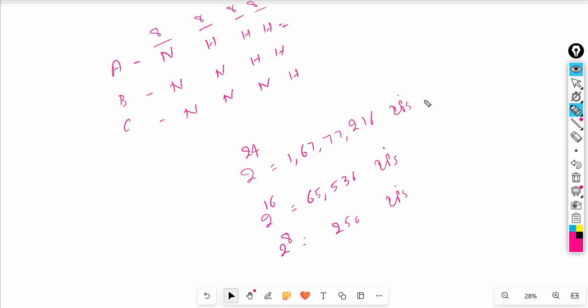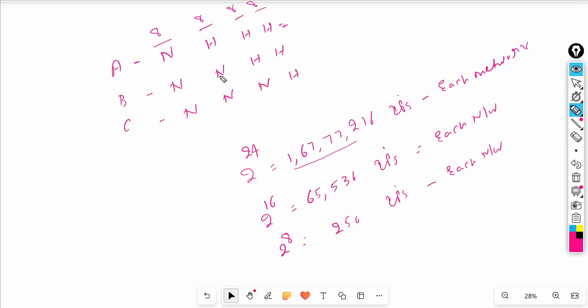Each network, not the entire class, each network. In class B and class C also, it is the same, each network. In class A, in every network we will get this many IPs, which means we can connect this many devices in a single network.